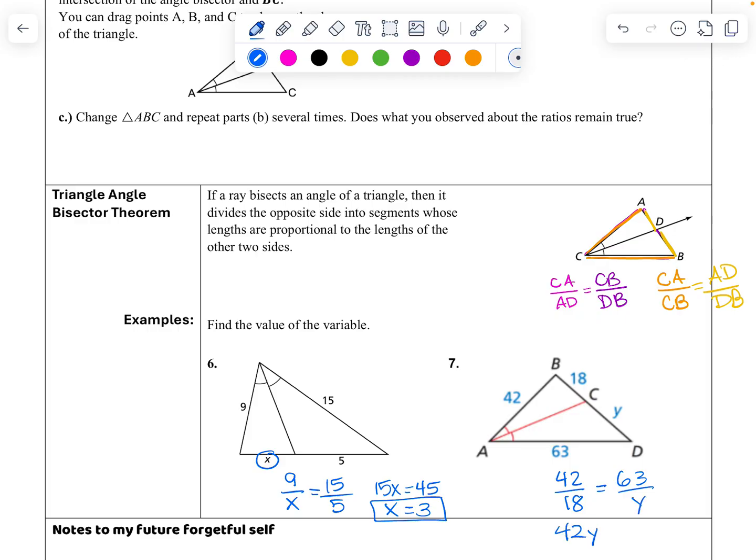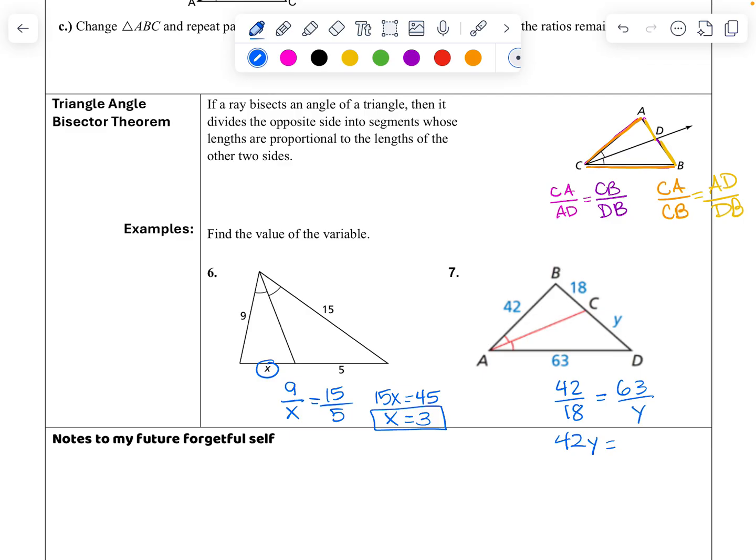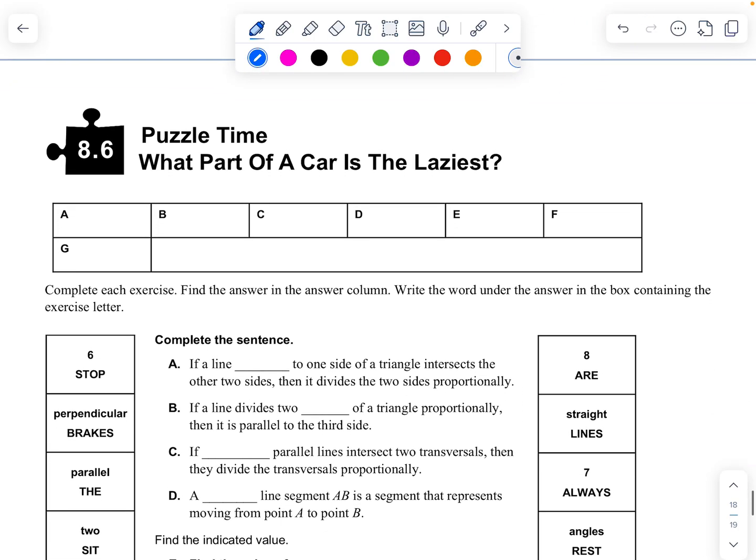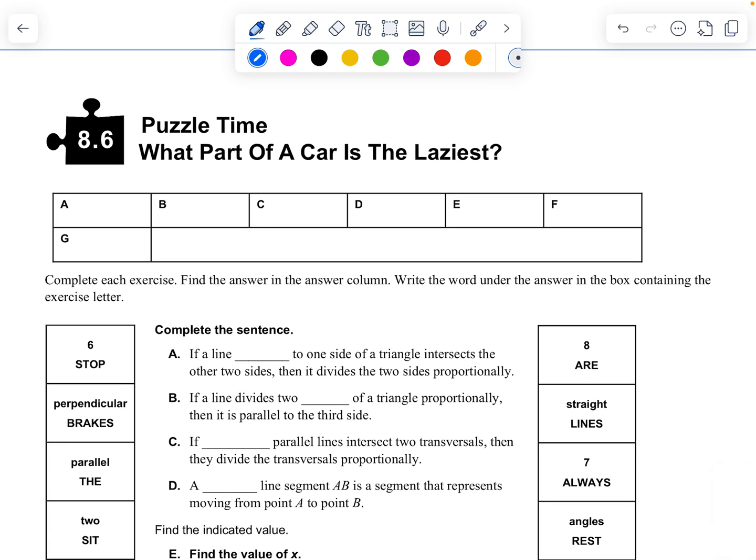Cross multiply. 63 times 18 is, well, I didn't actually figure that out. Okay, divide by 42, and it equals 27. Okay, and that's how you use that theorem. Next, work on the puzzle and your homework. Good luck.